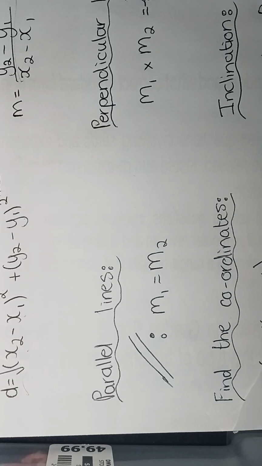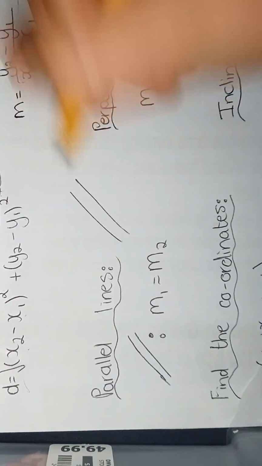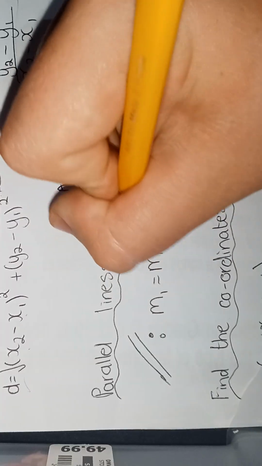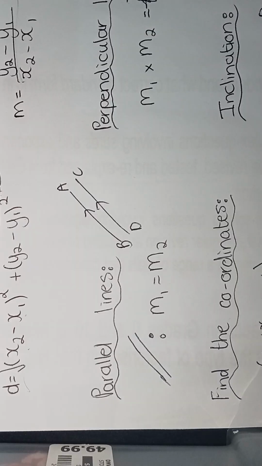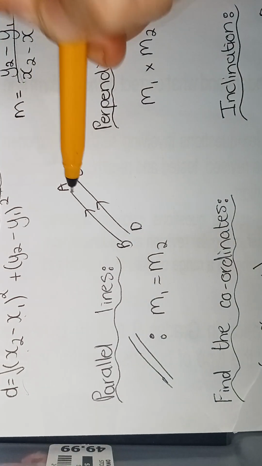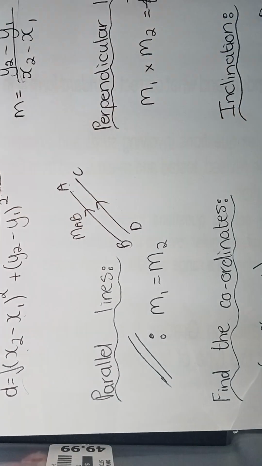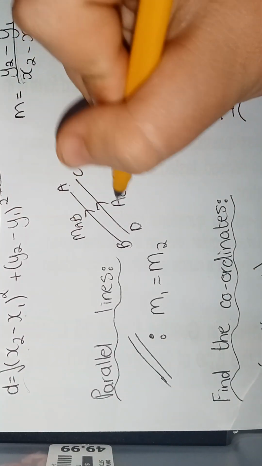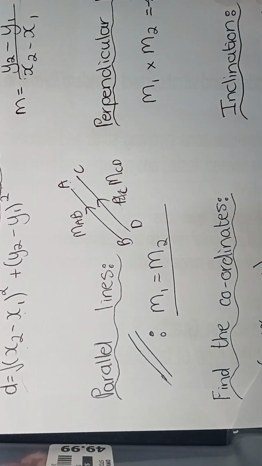Now, parallel lines. This is very important to remember. When you have parallel lines, let's say A, B, C, and D, and they're parallel, it is always necessary to remember that the slope of AB as well as the slope of CD is equal to each other.